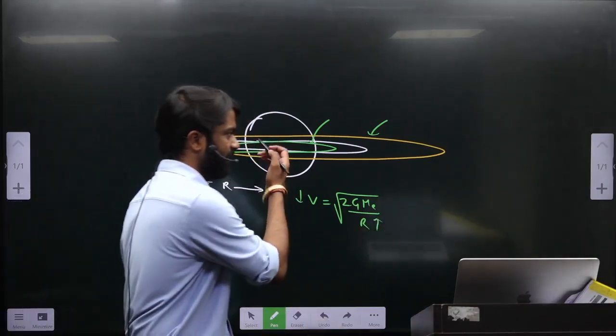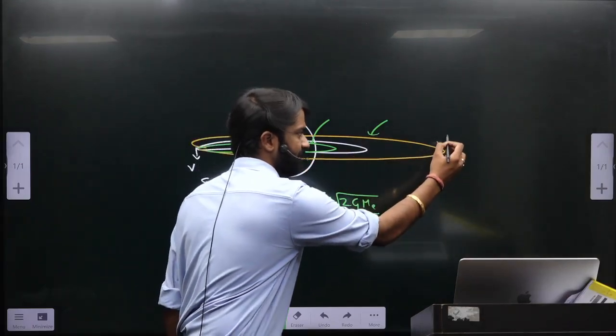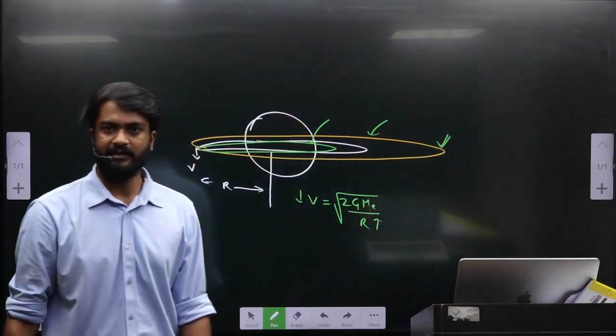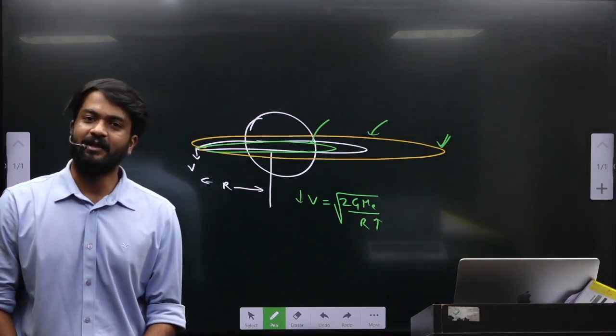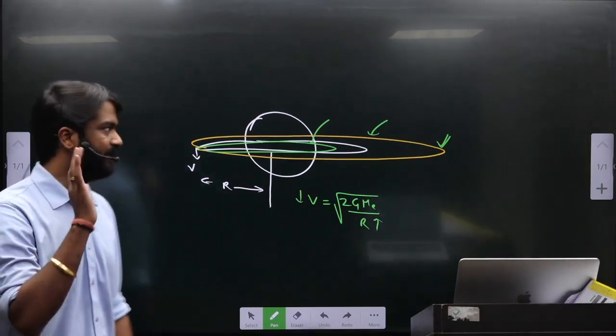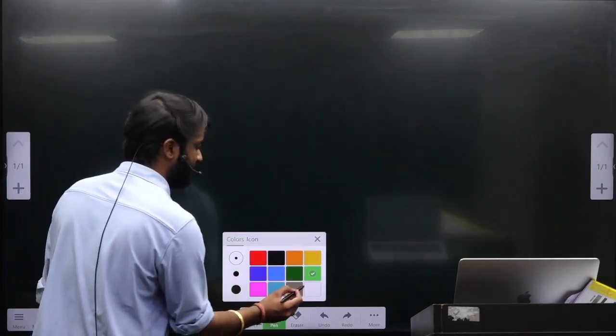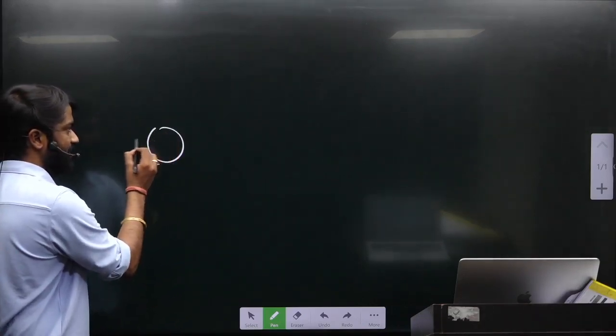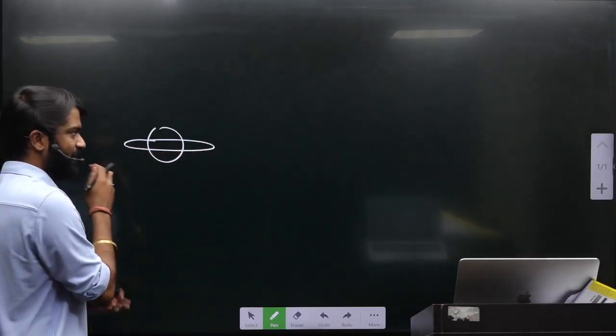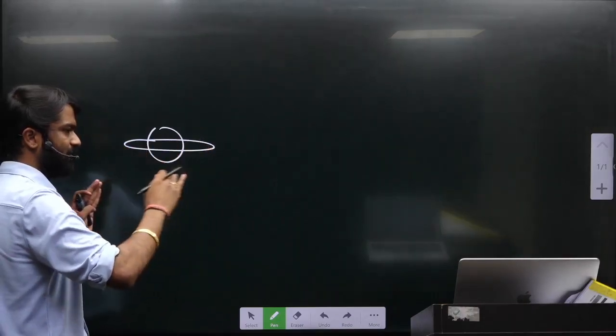That means if you reduce the velocity of the object, your radius will increase, and that is nothing but the elliptical orbit. Understand what I am saying: the first category of orbit is the circular orbit, where the velocity is constant at all places.